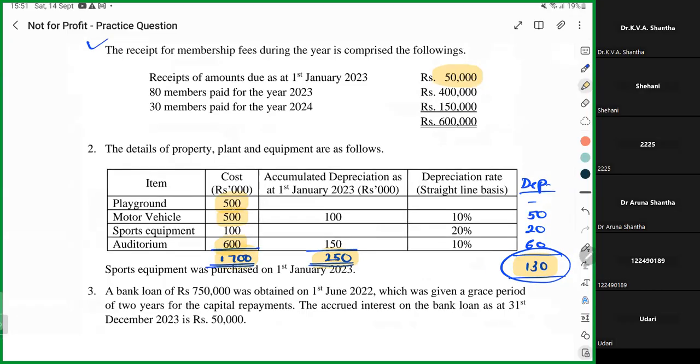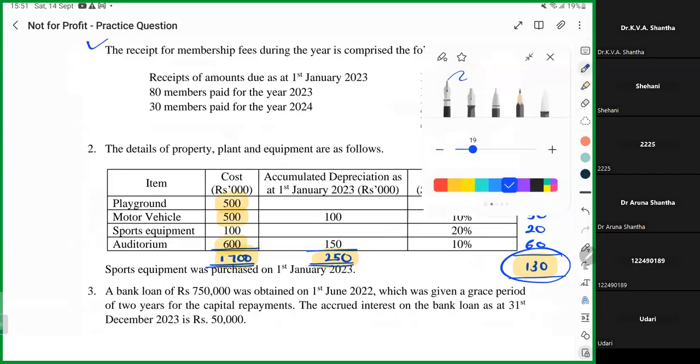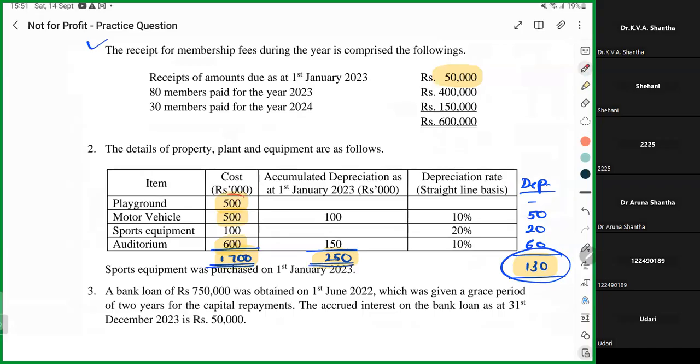The cost of the property, plant, and equipment at the beginning was 1,600, and accumulated depreciation 250.